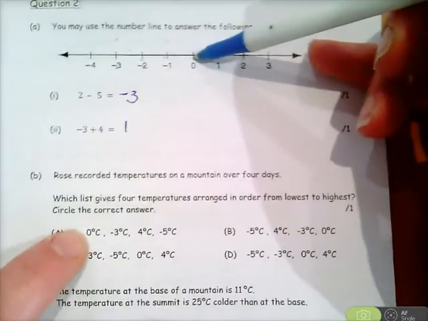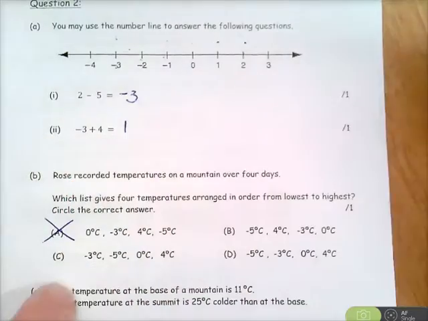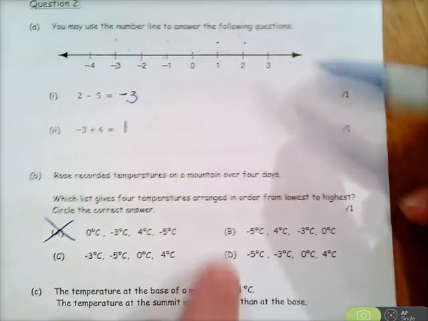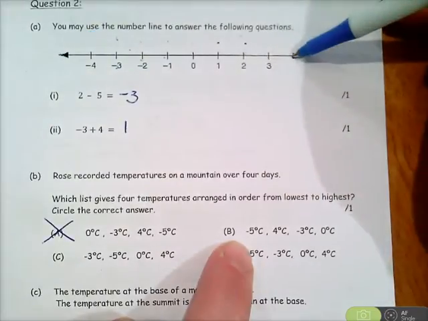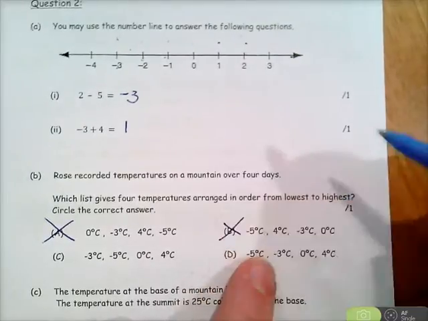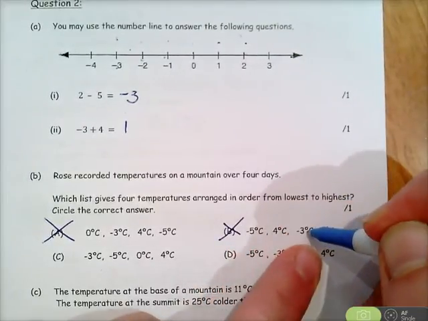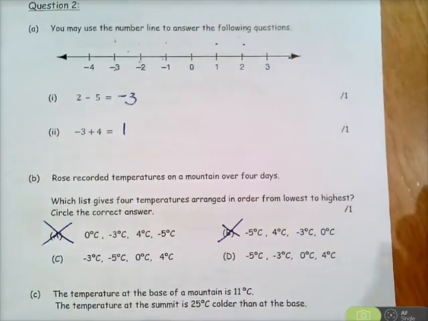So 0 is here, but -3 is smaller than 0, so that is not the correct answer. This one here, we've got -5, which would be down here, and then up to 4, and then back down to a negative. So this is not in order as well, because -3 is smaller than 4, okay?